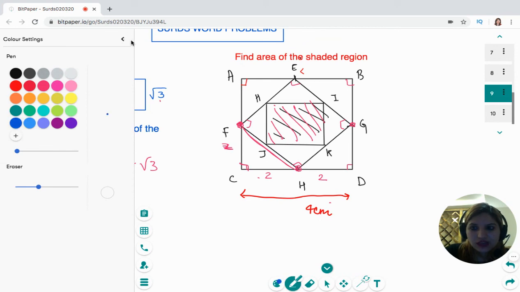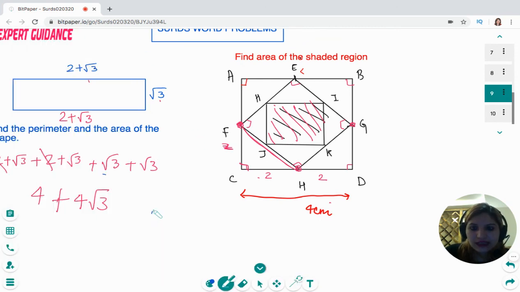theorem. So the Pythagoras theorem says that the side HF will be equal to the square root of the sum of squares of these sides. So 2 squared plus 2 squared, square root. So that gives us 4 plus 4, 8, square root 8. So it means this diagonal will be square root 8.